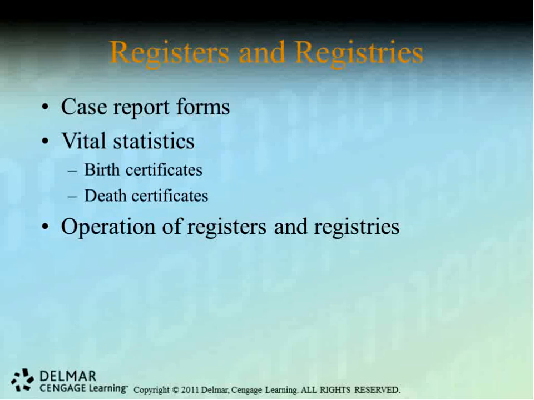So with your registries, they focus on particular diseases, and they collect different information from different sources in reference to these diseases. They look for cases of this, and they're trying to identify referrals, conducting follow-up investigations, and incurring high costs, right?